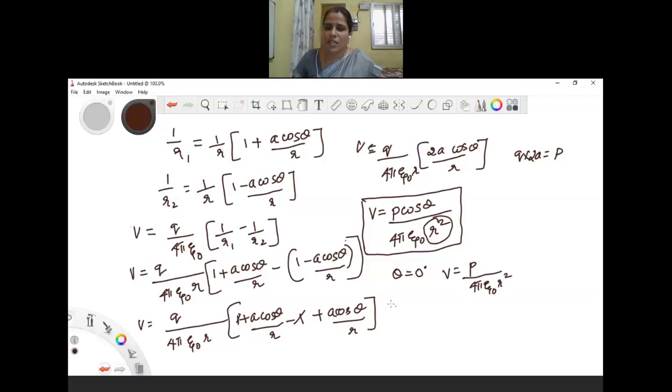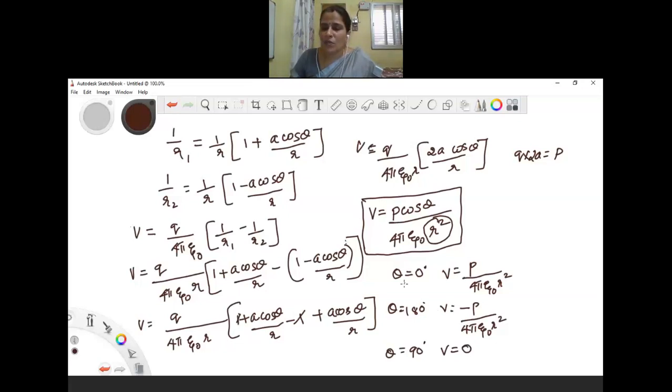And similarly, when theta is equal to 180 degree, we will get minus P divided by 4 pi epsilon naught R square. When theta is equal to 90, what is cos 90? Cos 90 is 0. Then potential becomes 0.